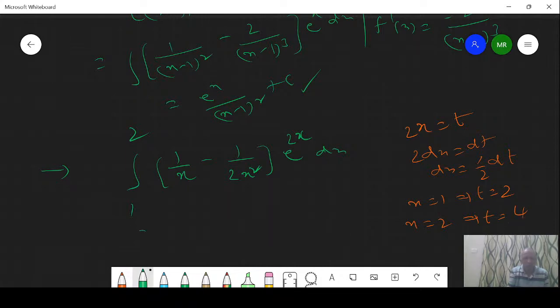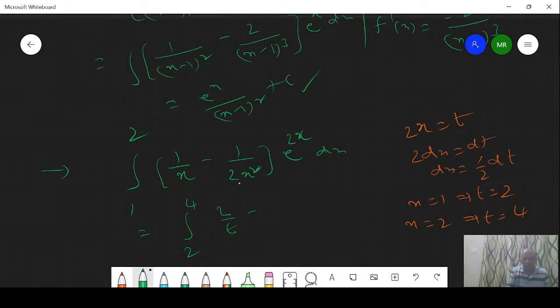Then automatically this problem will become integral 2 to 4. Now you can check that. I have written this is 1 by x, so t by 2 it will become, 1 by x means 2 by t, minus, again this is 1 by 2x square.